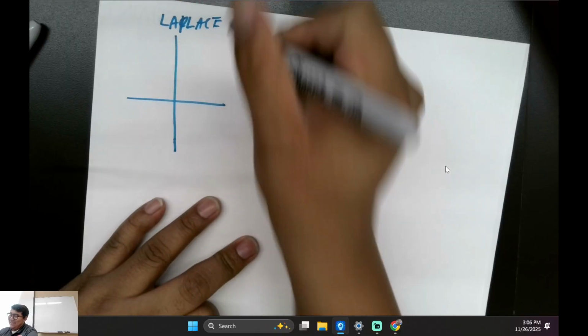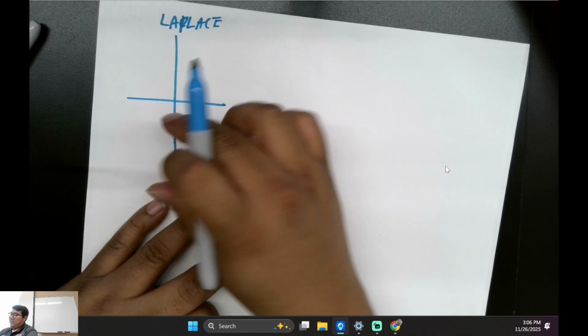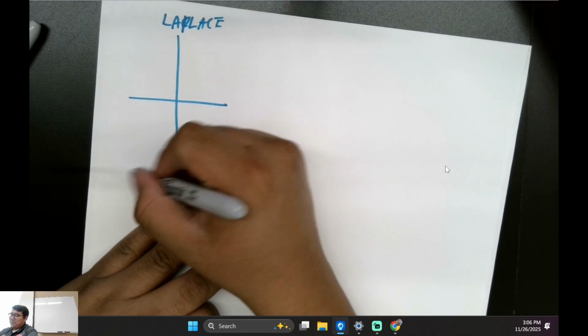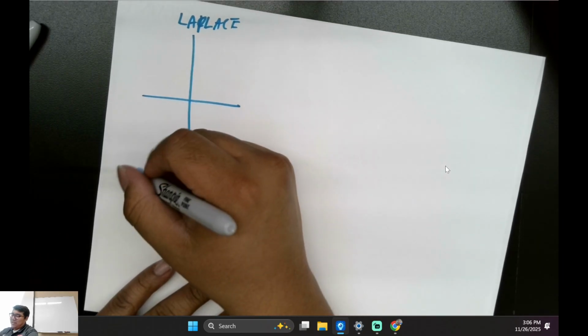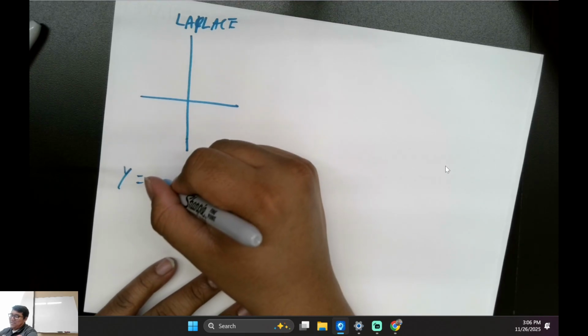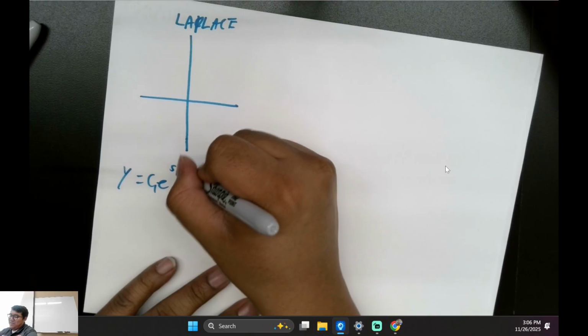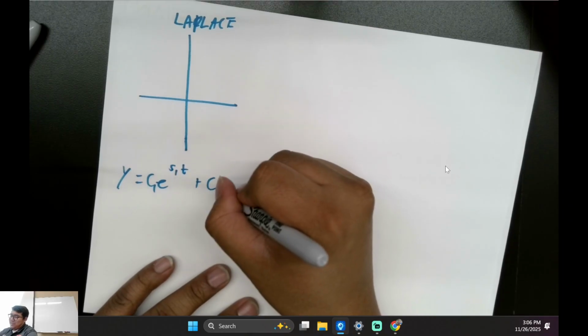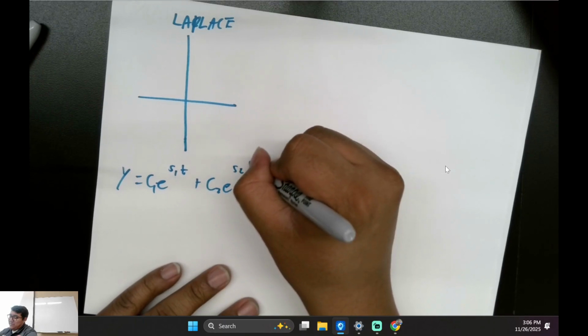Laplace. This is going to be a super crash course, but you want your poles to be on this left side, right? So if I have the condition where I have, I'm giving my 360 students the answer: c1 e to the s1 t, plus c2 e to the s2 t, right?